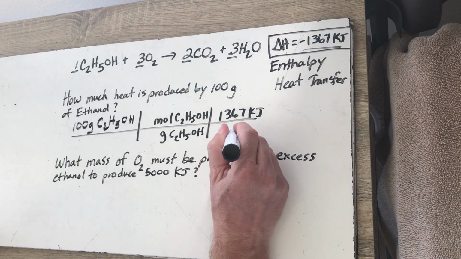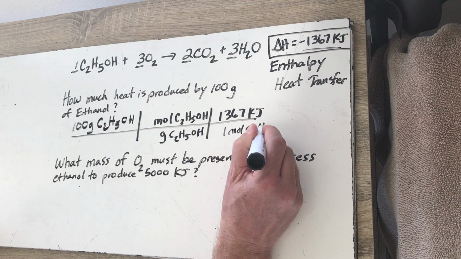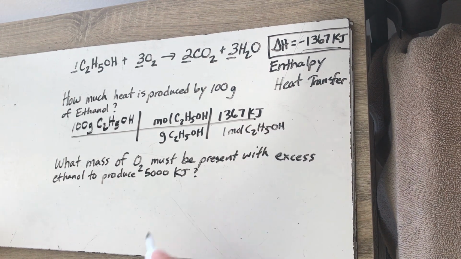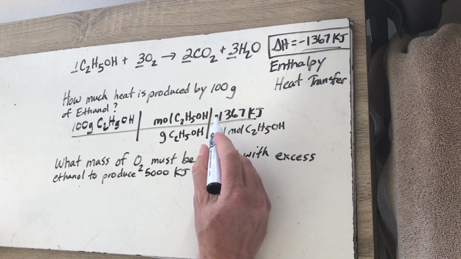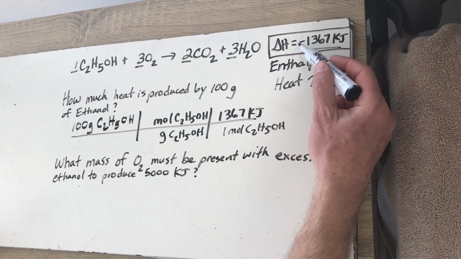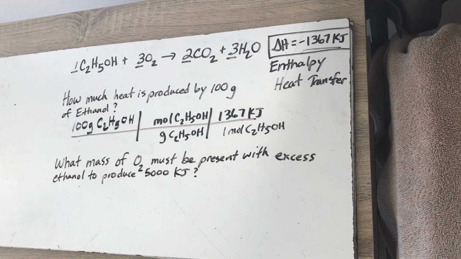Let's put 1 mole C2H5OH down here. I didn't put the negative in here because I'm just interpreting that it's getting released. So that negative, I could just ignore for the time being because I know what's actually happening is it's letting this energy out. This energy is going to get sent out into the atmosphere, into the surroundings.